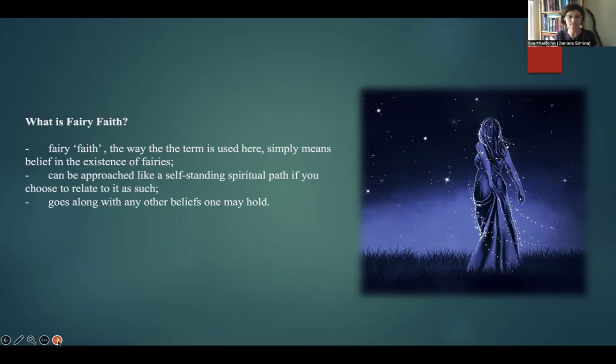Now, fairy faith, or a fairy-led spiritual path, can be approached as a self-standing spiritual, esoteric path, if you choose to relate to it as such. And it also goes along with any other beliefs that one may hold.